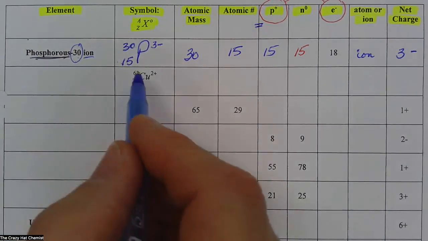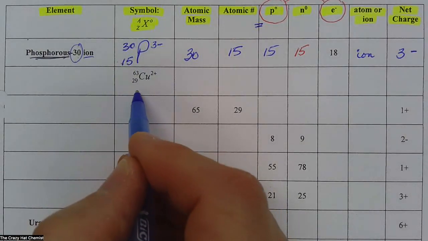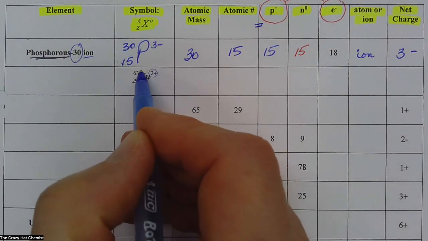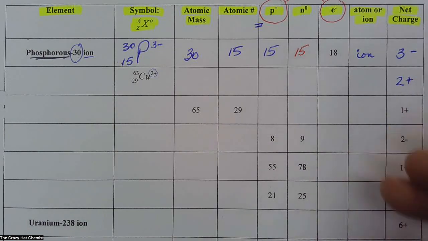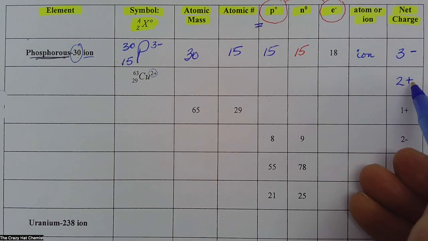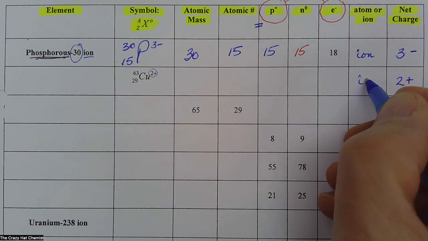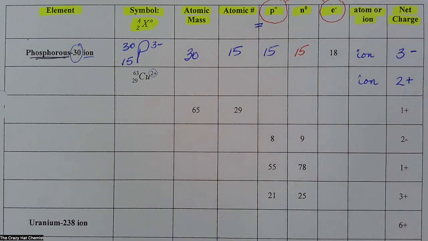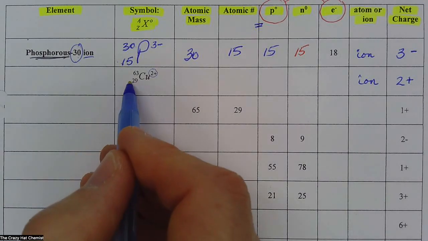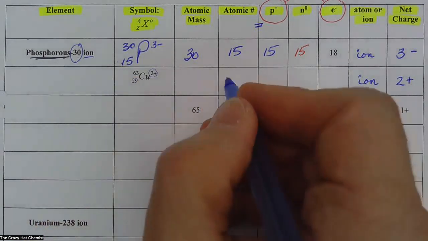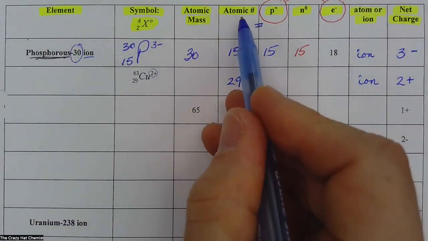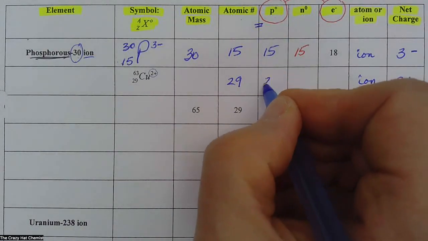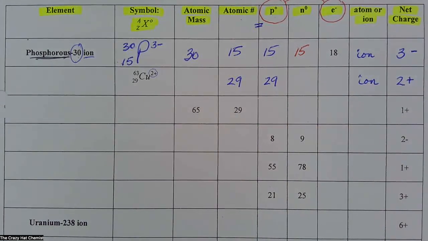So this next one, we have the standard nuclear notation. It has this 2+ charge right there, so I'm going to place that in the net charge, 2+. Since it has a charge other than 0, that means this is an ion. Perfect. This 29 is the atomic number. Remember, the atomic number and the number of protons are equal to each other.